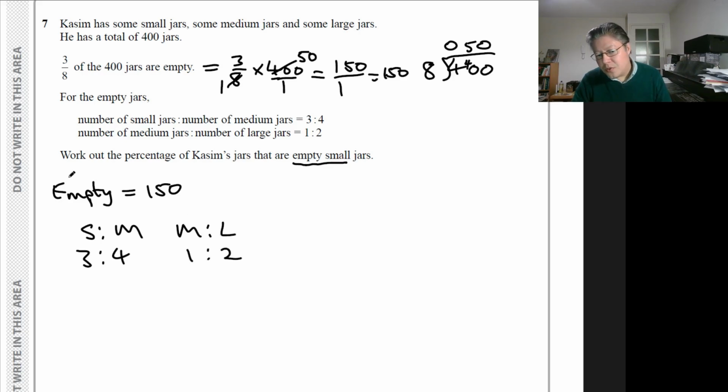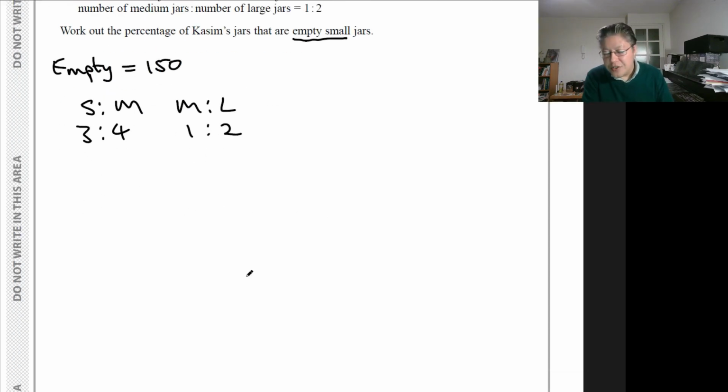In order to work out the small jars, we need to get the triple ratio first, S to M to L. So we need to combine these ratios, and the way to do that is to look at what's common between them. The M is common in both, so we need to make the M's the same. That's a 4 and that's a 1.